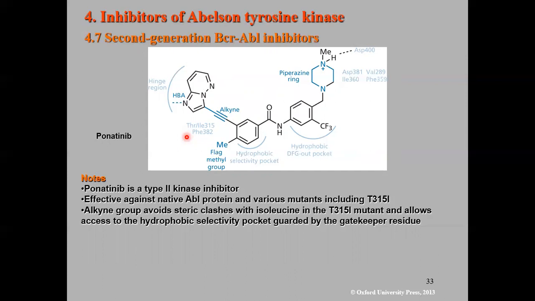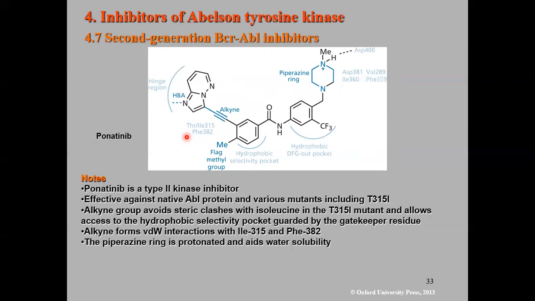It's alkyne. The alkyne is just linear, okay, it's planar. Alkyne also forms van der Waals interactions with the isoleucine and phenylalanine, the isoleucine 315 and phenylalanine 382.